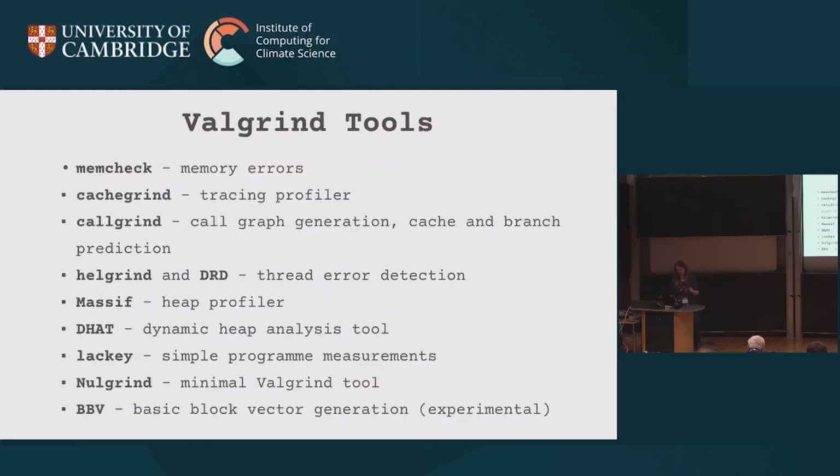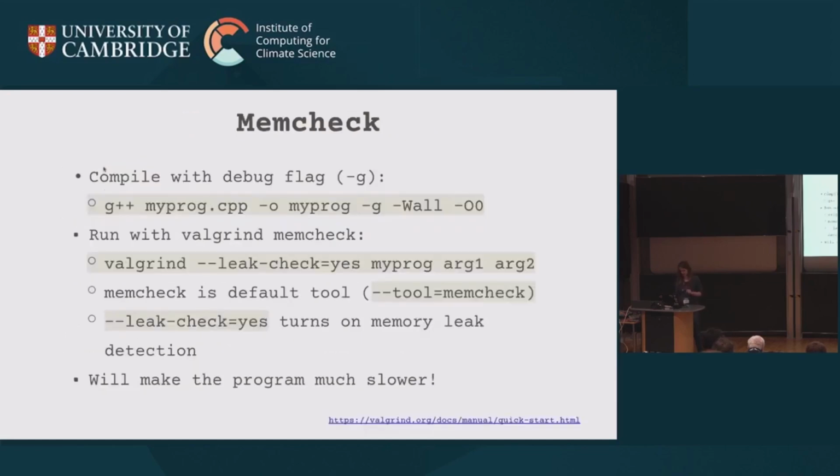It's not a tool. It's actually a whole range of tools that you can use for various things that you might want to do or find out, and various bugs that you might want to detect in your code. When you say Valgrind, most people will first of all think about the memcheck tool. Memcheck is actually the default, so if you run Valgrind without giving an explicit tool, it will always run memcheck.